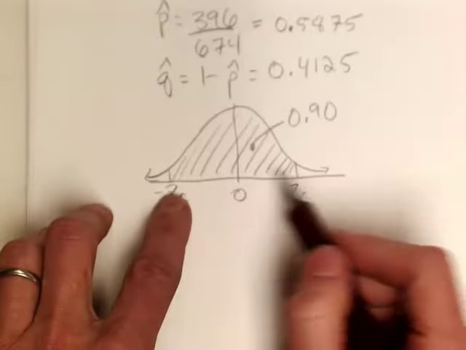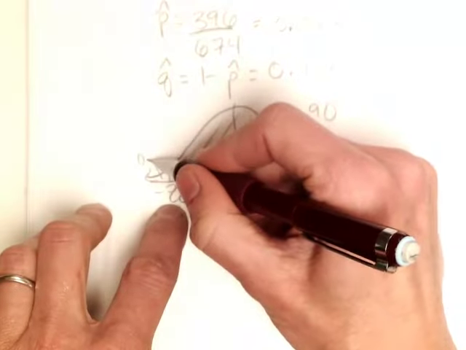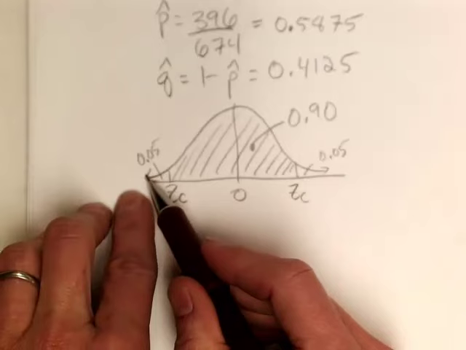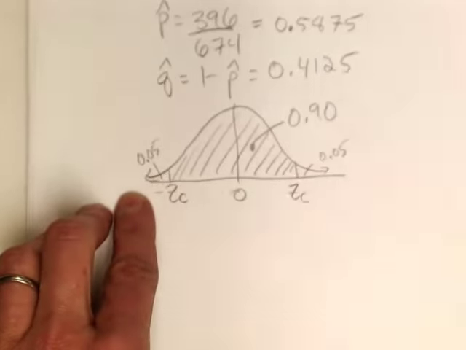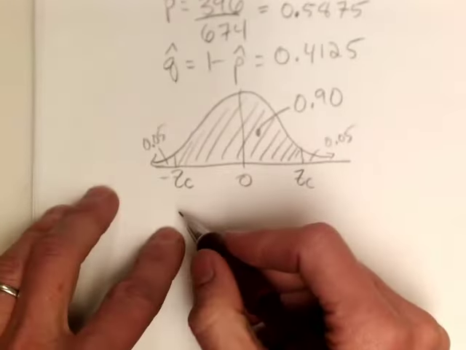Since I have 0.9 area between these two symmetric values, I'm going to have 0.05 area here and 0.05 area here. So cumulatively, I have an area of 0.95. I would need that to use the calculator to find the upper critical value.